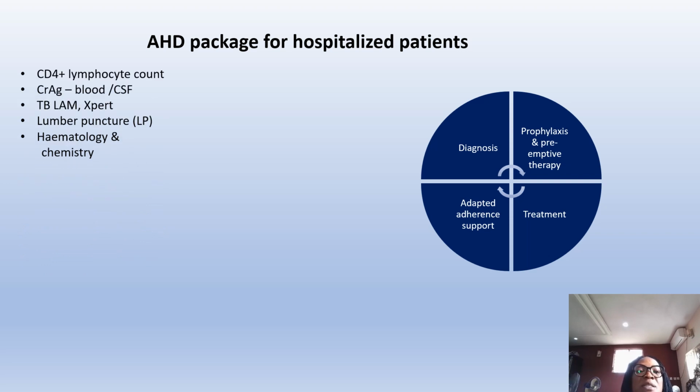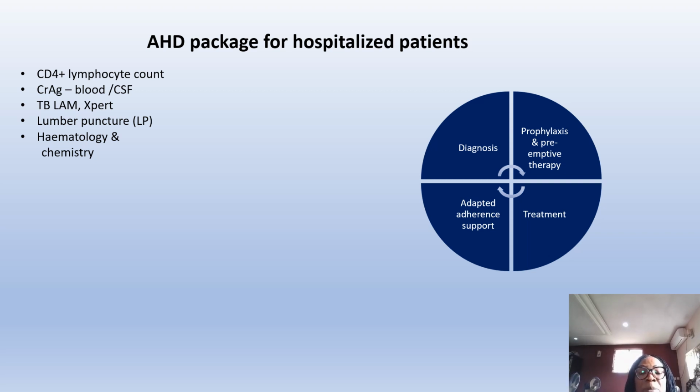For diagnosis, as I've told us, the CD4 lymphocyte count is used as criteria. We also have cryptococcal antigen, in blood or CSF, that's cerebrospinal fluid analysis, where you are looking for the antigen of cryptococcus. If found, it means the person has cryptococcal meningitis, especially when found in the CSF.